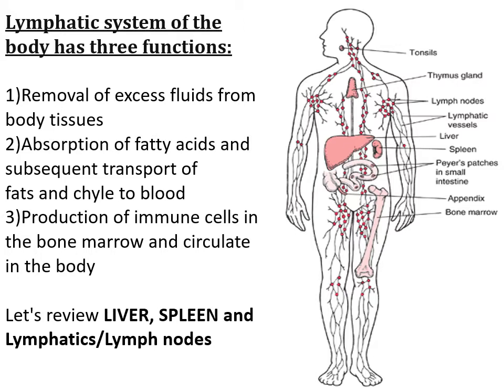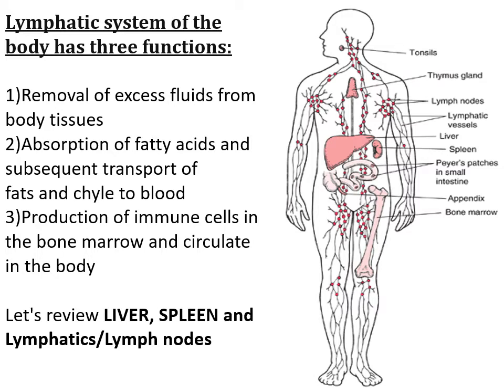Okay? If we look at the gastrointestinal tract, the lymphatic system within the gastrointestinal tract is able to absorb fatty acids directly and put those fatty acids through the lymphatic vessels right into the bloodstream. That's very unlike absorption of carbohydrates and amino acids, which goes to the portal system and then right on into the liver.